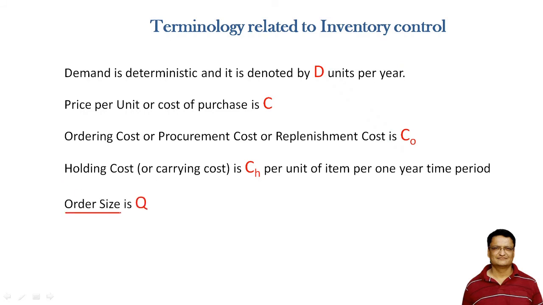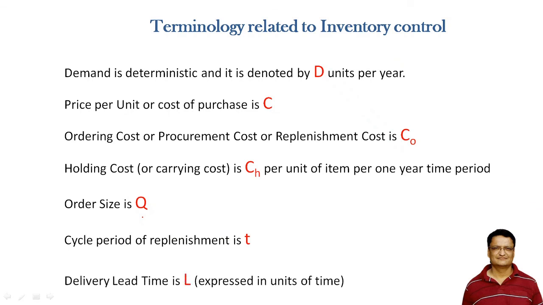Then there is an order size. So this is the number of units which you are purchasing at a time, and the cycle period is T. Also there will be a delivery lead time, which is expressed in units of time.